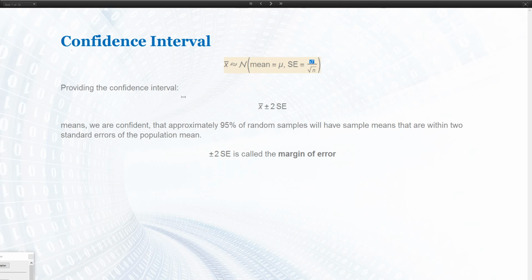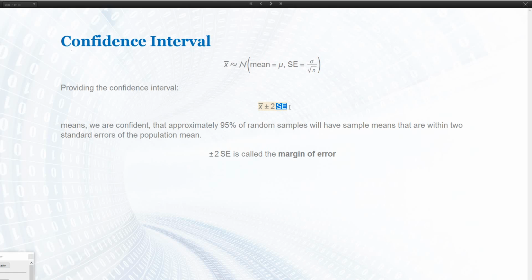And with these numbers we can compute a confidence interval. Let's say, for example, x bar plus minus 2 standard errors. Which means that we are confident that about 95% of all random samples will have a sample mean that is between these two, within these limits.